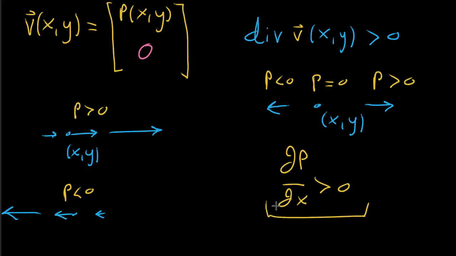And once again, that corresponds to an increase in the value of p as x increases. So what you'd expect is that the partial derivative of p, that x component of the output, with respect to x, is going to be somewhere involved in the formula for the divergence of our vector field at a point xy. And in the next video, I'm going to go through a similar line of reasoning to see what should go on with that y component.